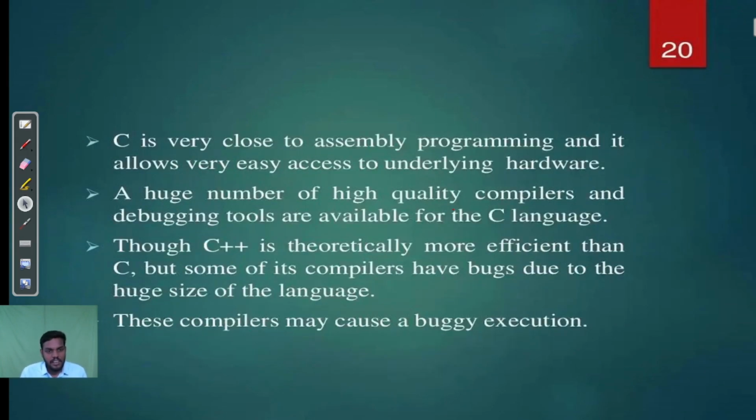C is very close to assembly programming, and it allows easy access to the underlying hardware. C++ is theoretically more efficient than C, but some compilers have bugs due to the huge size of the language. In a software driven process, firstly you create a particular application like project creation, select a target device, and configure the tool settings.